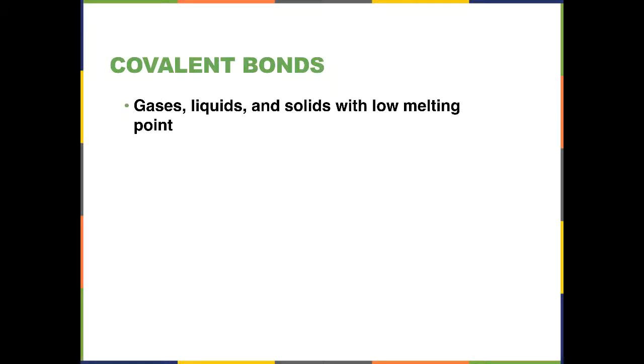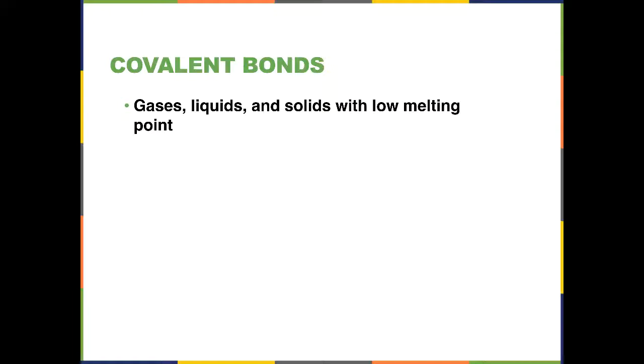Now, substances that have covalent bonds can exist at room temperature as gases, liquids, and solids. But in general, the intermolecular forces in covalent bonds are much lower than ionic bonds. And so if a solid exists, it tends to have a low melting point.